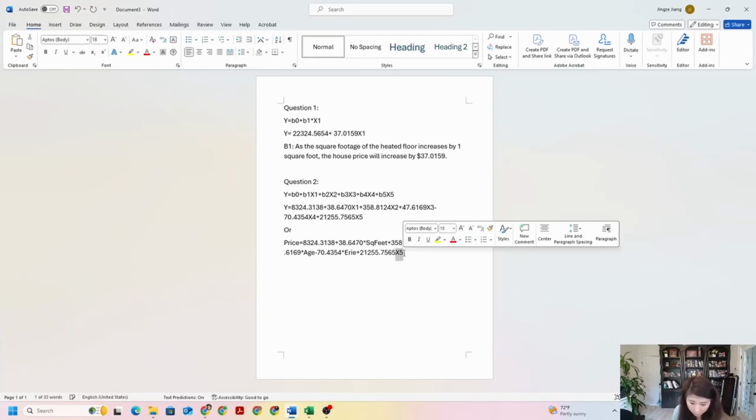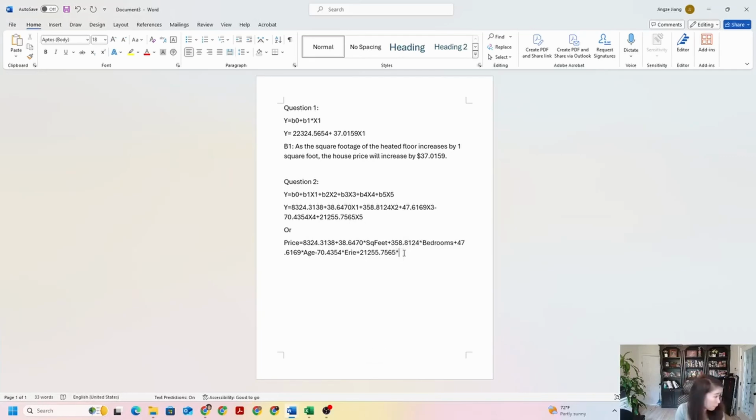And x5 is whether it is located in Dallas. Personally, both work for this class. You can keep your x notations, or you can change the x to the actual variable name, because it will help you to interpret, right?